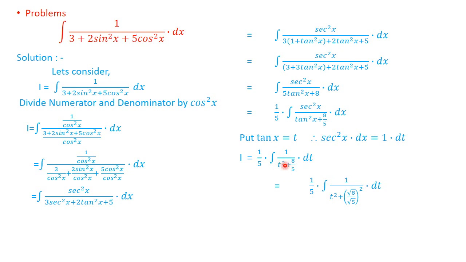Which form? Can you tell me? a square plus x square or x square plus a square. Due to the plus sign we can say it in both ways. x square plus a square. But what about a square? It is not a perfect square. Then how can we write it? Root 8 by root 5 bracket square, isn't it?